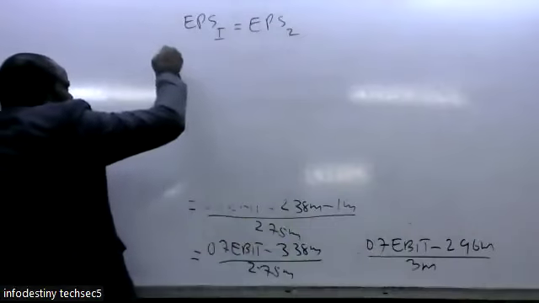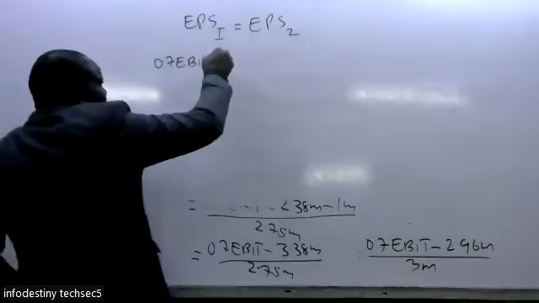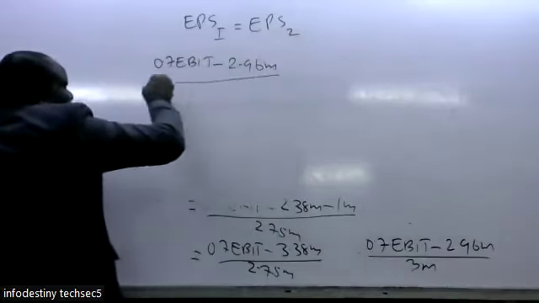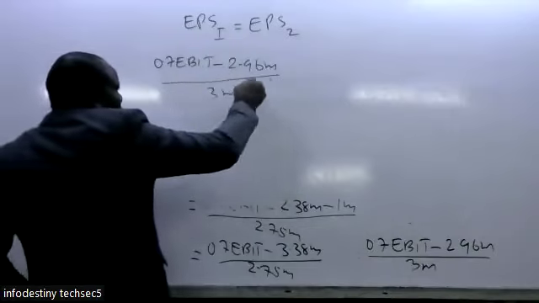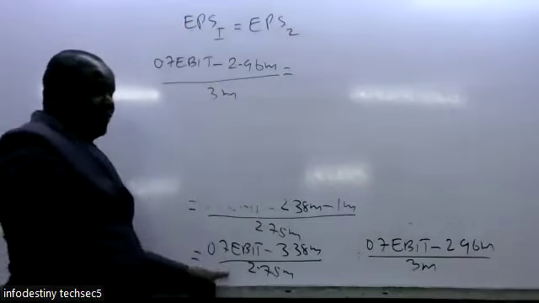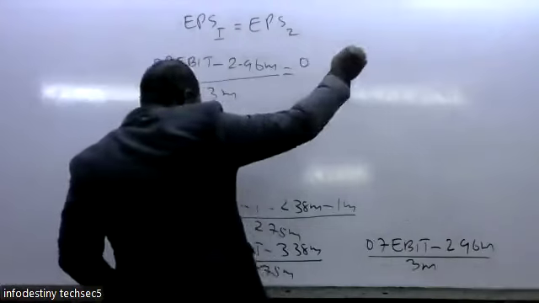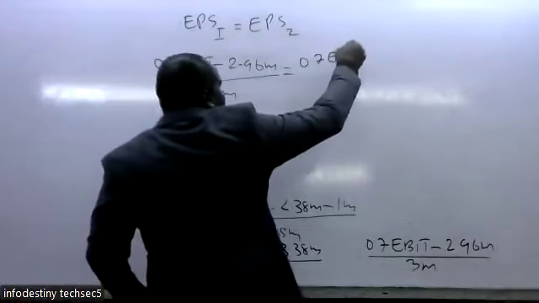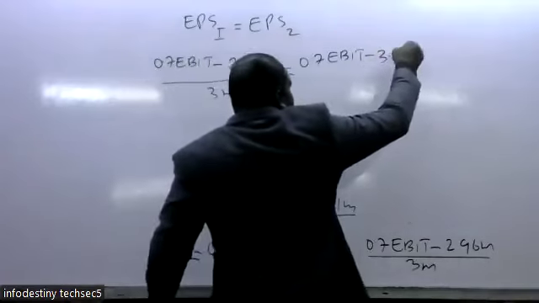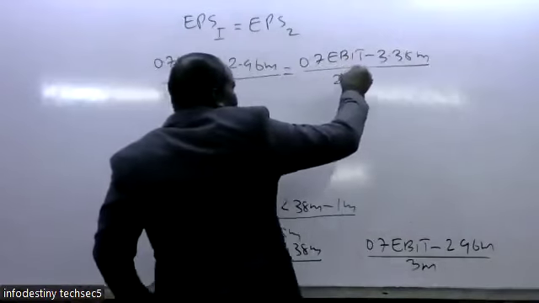It will be 0.7 earnings before interest and tax minus 2.96 millions. We divide by 3. So that is for option 1. For option 2, it is 0.7 earnings before interest and tax minus 3.38. Also divide by 2.75.